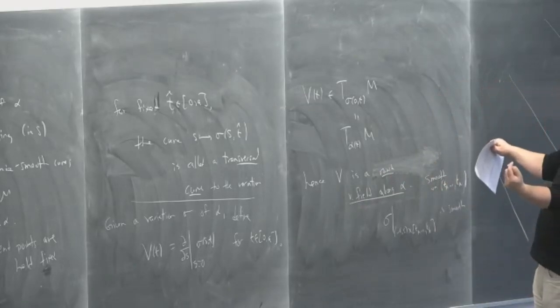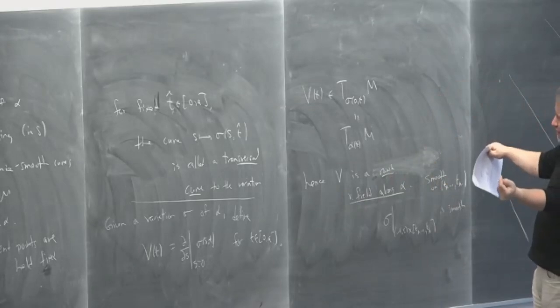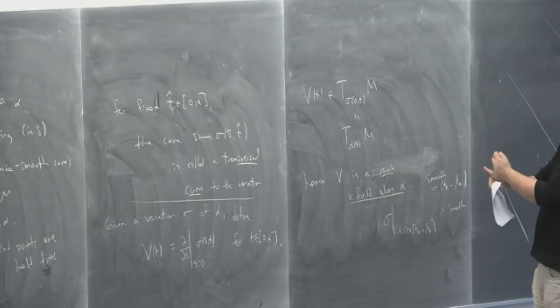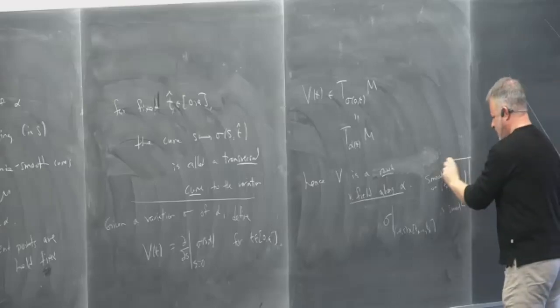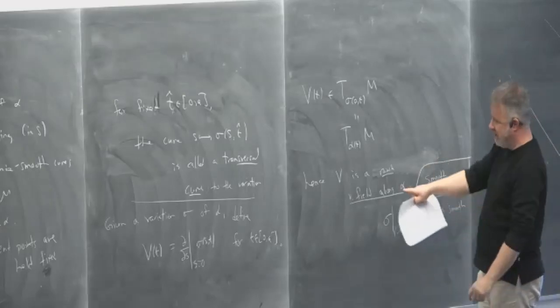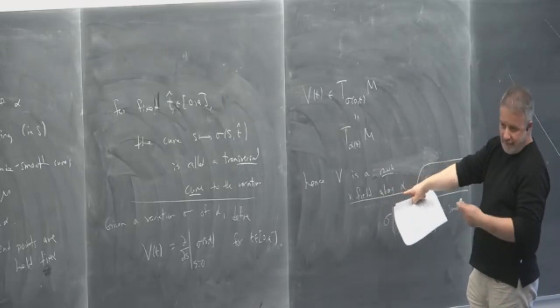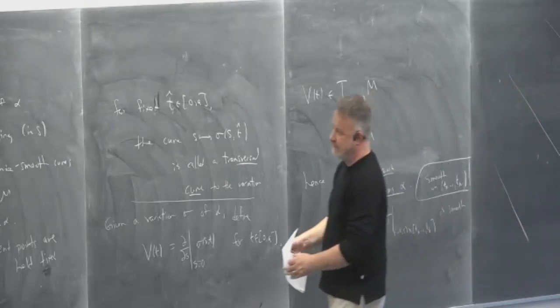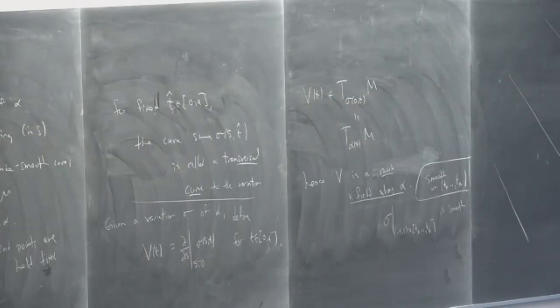In between these points where the velocity of alpha can jump, V is a perfectly well-defined smooth vector field. At the points it's not even continuous, it can jump. That's what I meant to say. That's better. Okay, so it's not even a continuous vector field along alpha. It can have jump discontinuities.